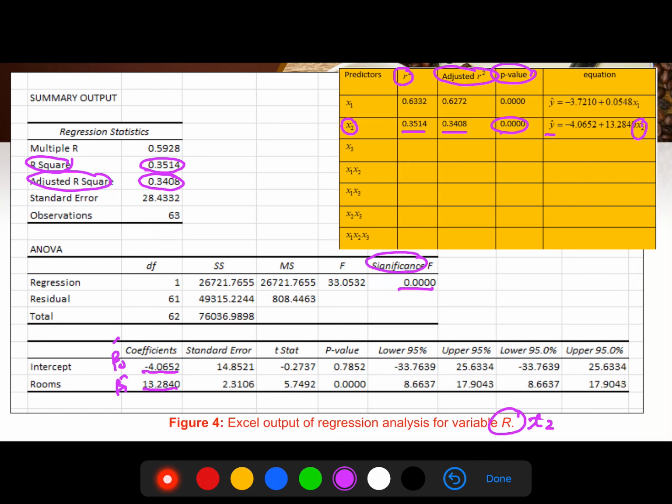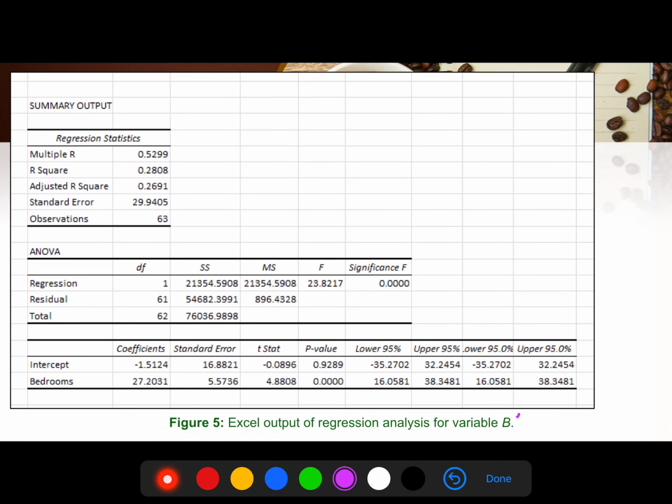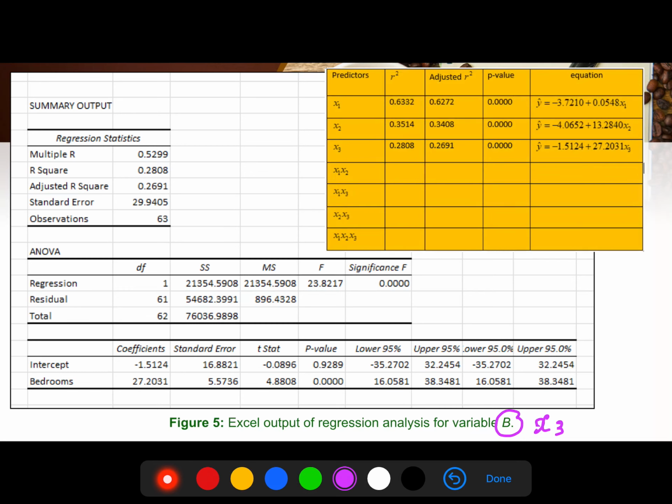Okay, next find for x3. Look at the next Excel output. B is x3. Okay, so we put here R square 0.2808, adjusted R square 0.2691, p-value 0.0000, and the equation here is beta naught, here is beta 1.